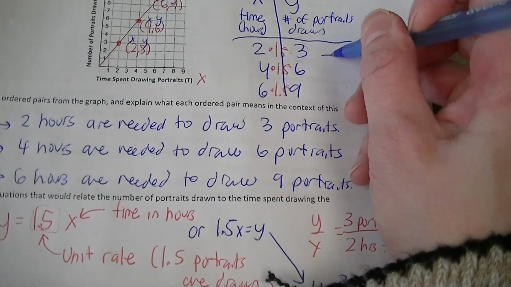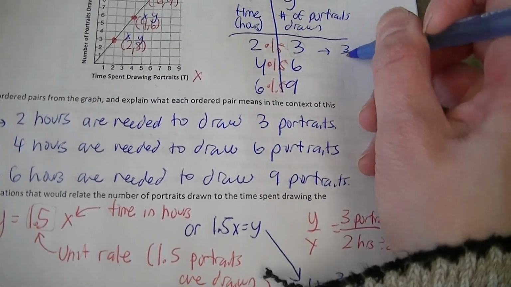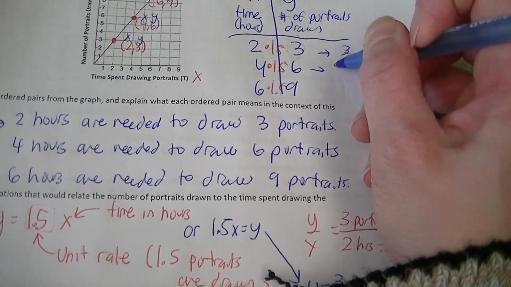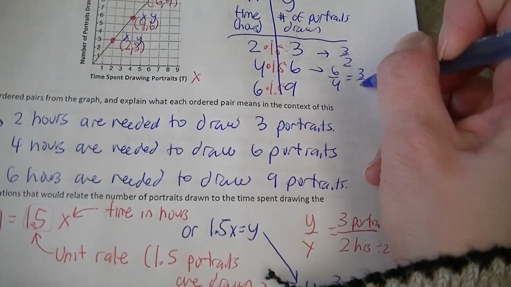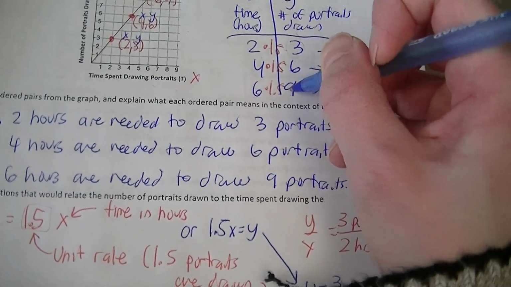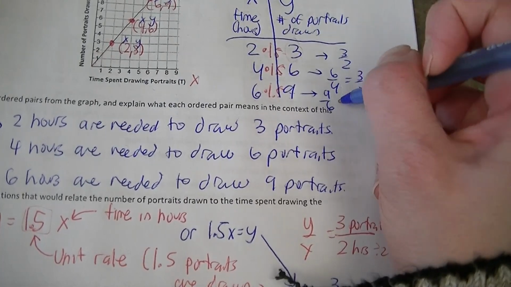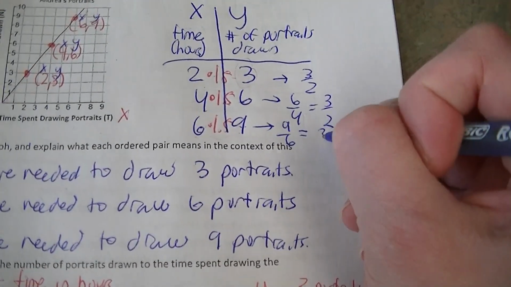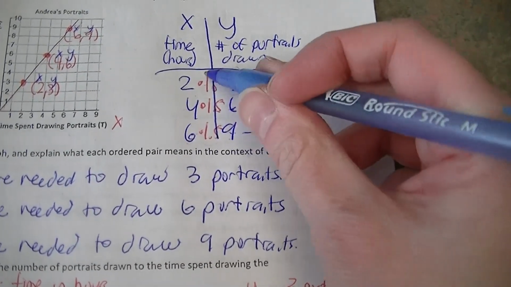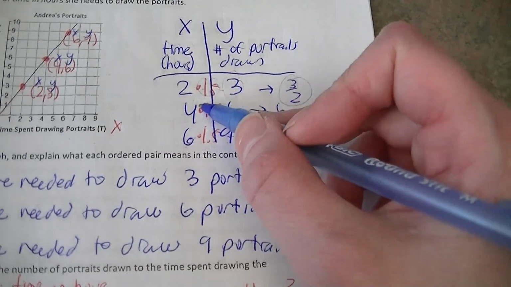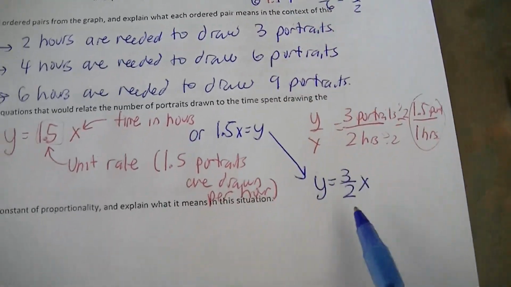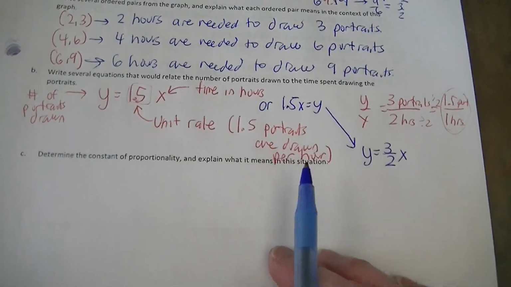Because if you look over here, y over x is 3/2. Right here, y over x is 6/4, which simplifies to 3/2. Right here, y over x is 9/6, which simplifies all the way down to 3/2. So instead of saying 1.5, you could say 3/2. 1 5/10 is the same as 3/2. Those are both interchangeable.